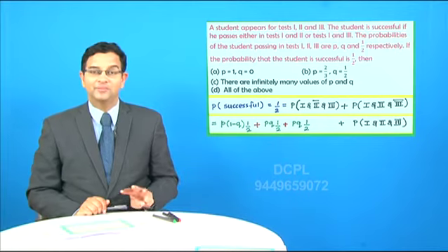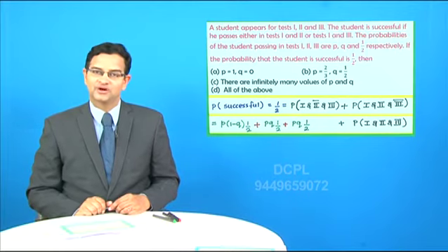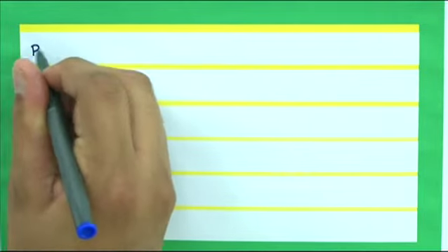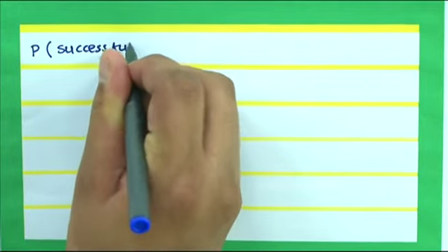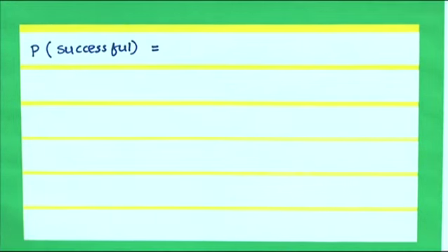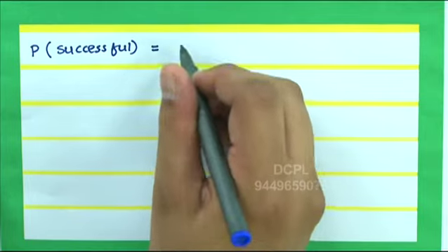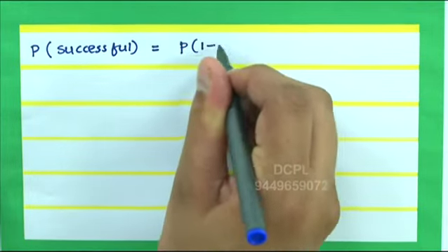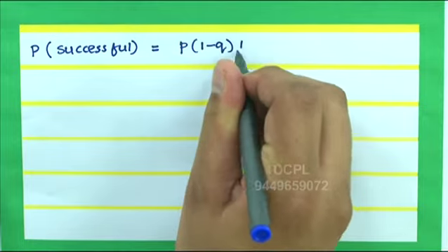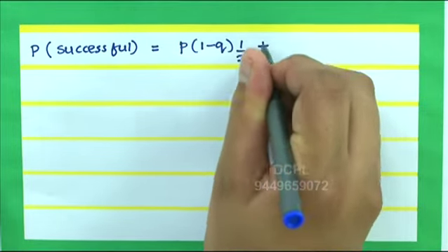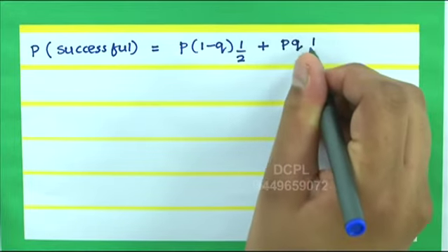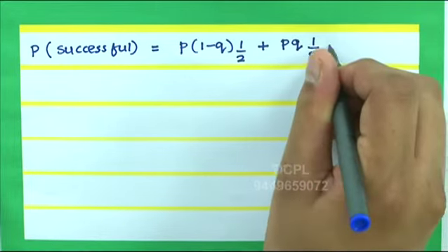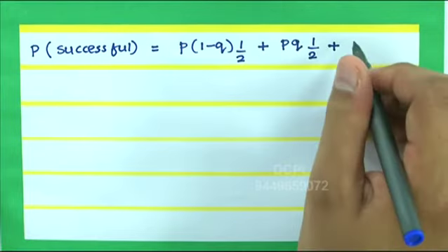So here there are three particular cases in which the student will be successful. So let's write it down once again. So the probability the student will be successful is nothing but when he passes the first test, fails in the second test and passes the third test, or passes the first test, passes the second test, fails in the third test, or passes in all the three tests.